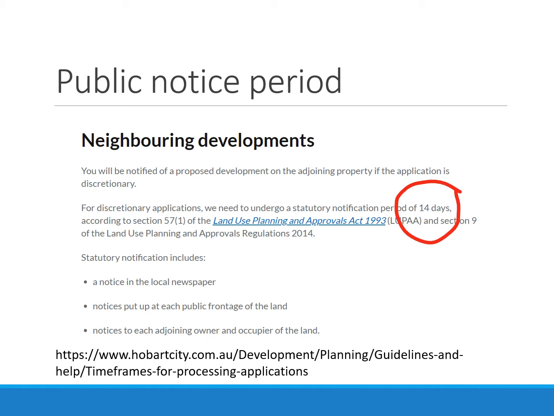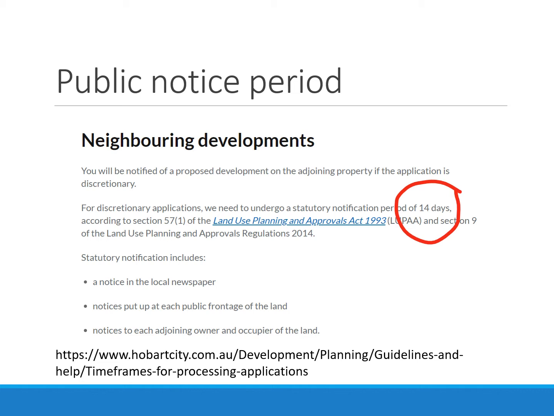And yeah, if you're a neighbour, and I'm anticipating a letter in the mail any day now because my neighbour is about to put in a development application, I will have 14 days to say the ways in which I object to that really large extension. I am entitled to put anything in that letter, but really the power comes from me knowing the planning scheme and objecting on that basis.